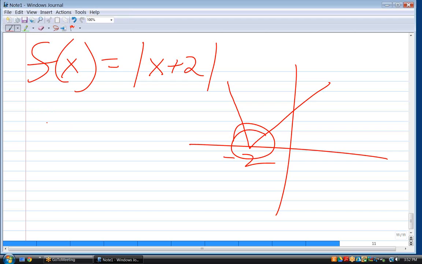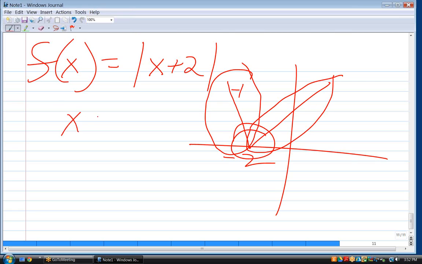But what is the function? Can you do the power rule? The derivative of the function is -1 right there. No matter what point you're at, the slope is -1. And the slope over here is +1. So for all x less than -2, f prime of x is -1.